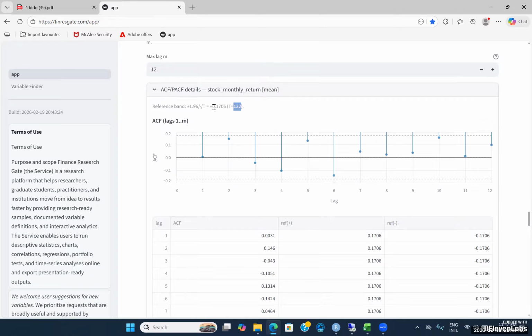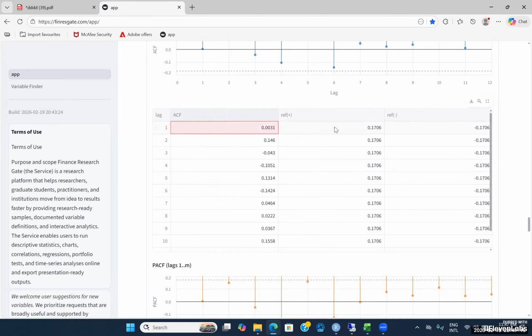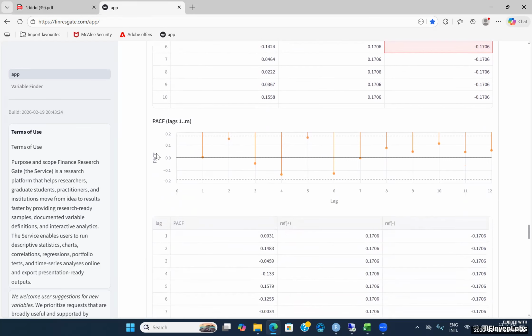If one were to exceed that number, it would indicate that we have autocorrelation, but in our current situation, we simply don't. Additionally, we have a table to consider. Again, you'll compare each individual number with a specific benchmark provided here. We are unable to surpass this benchmark, which indicates that we remain inside the confidence interval. This further means we cannot reject the null hypothesis, which states that the autocorrelation is effectively zero. It is actually very close to zero.